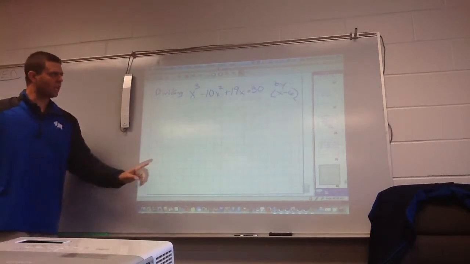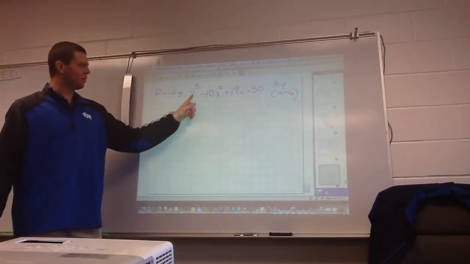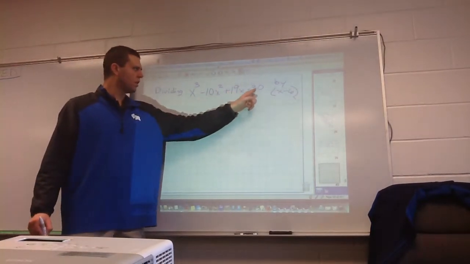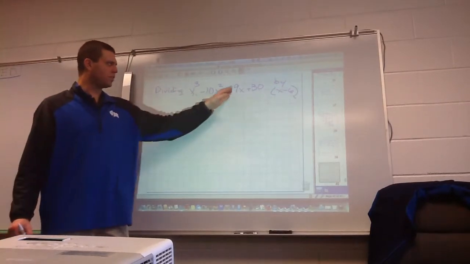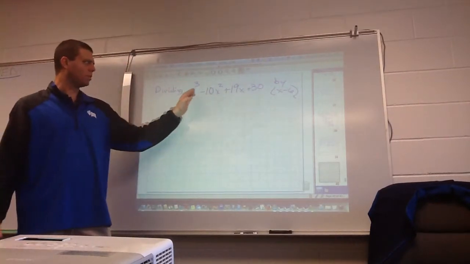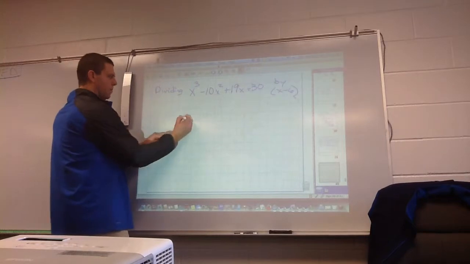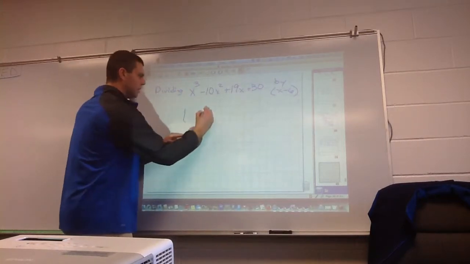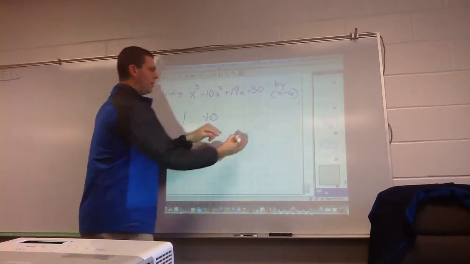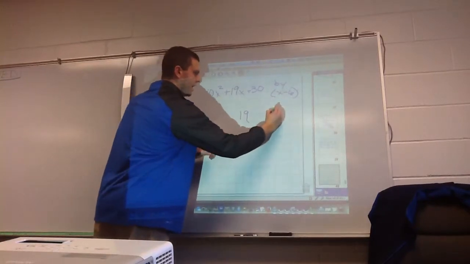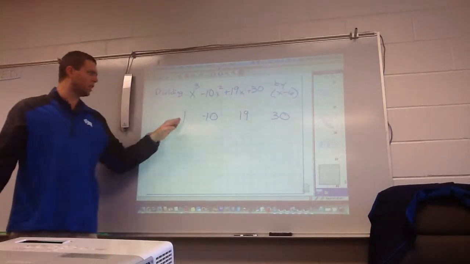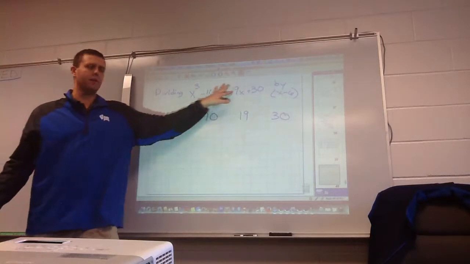To do synthetic division, first of all, you write down the numbers that are the coefficients and the constant, starting from the highest power down to the lowest power. You kind of spread them out. So I got 1x cubed, negative 10x squared, 19x, and 30. I don't write the x's, I just space out those numbers.